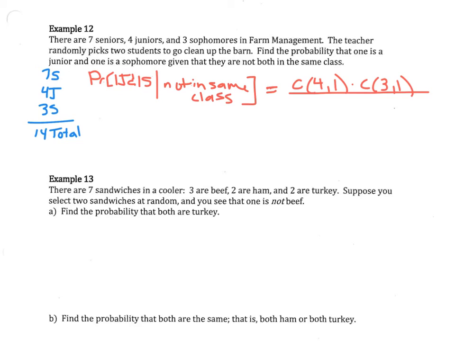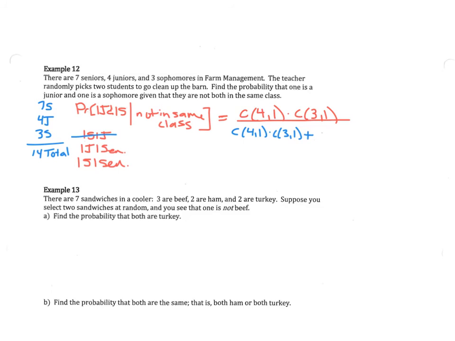So there's a lot of possibilities here. You could do 1 sophomore, 1 junior, 1 junior, 1 senior, 1 sophomore, 1 senior, and I think that about covers it. Let's just go through our list here. First one, 1 sophomore, 1 junior. Or 1 junior, 1 senior.